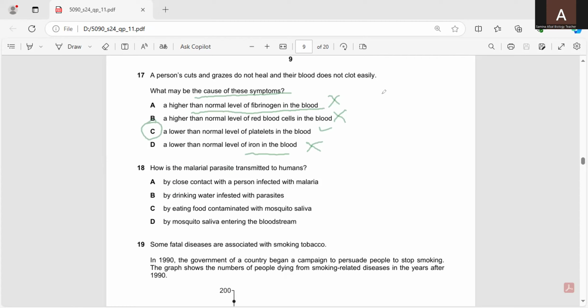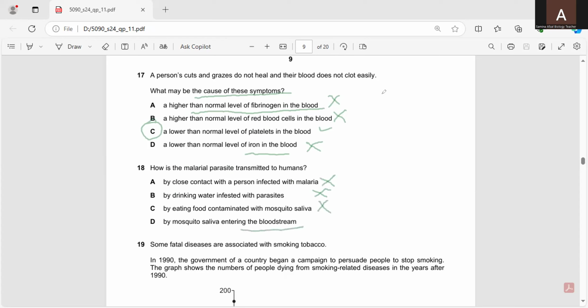Question number 18. How is the malarial parasite transmitted to humans? By close contact with a person infected with malaria? No, this is not contagious. By drinking water infested with parasites? No. By eating food contaminated with mosquito saliva? No. By mosquito saliva entering the bloodstream.